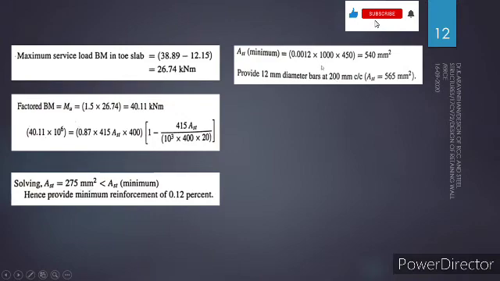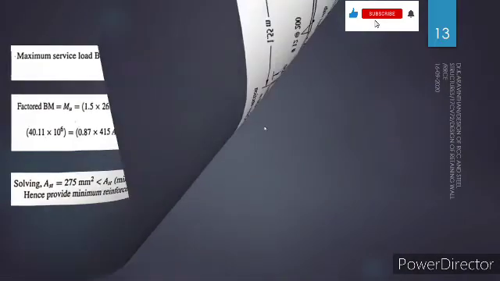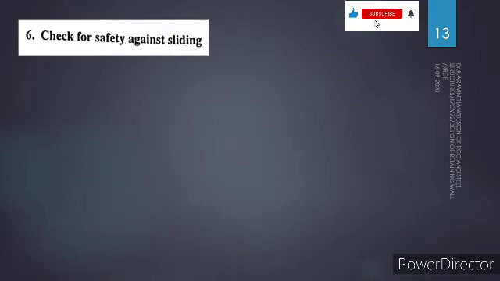We already know that for this section we need 540 mm square. Hence we are providing 12 mm dia bars at 200 center to center, both in the main rod as well as the distributors. The same reinforcement is provided for the toe slab also. And the design is over here.